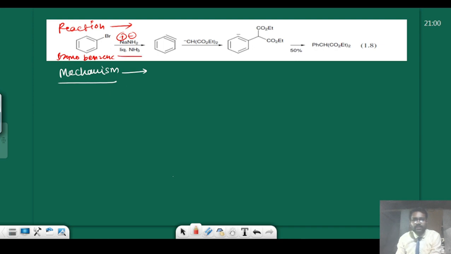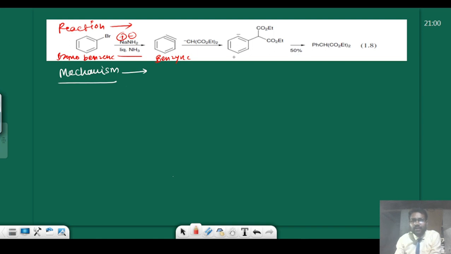Okay, what is the intermediate? Intermediate is a benzyne. And when this benzyne is treated with the enolate of diethyl malonate, there is a formation of this particular anion intermediate.